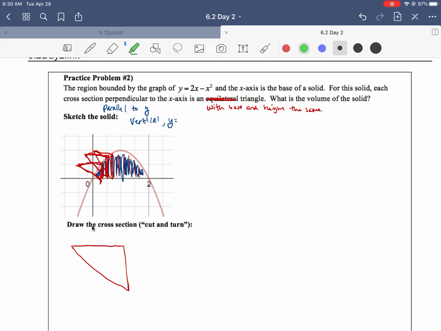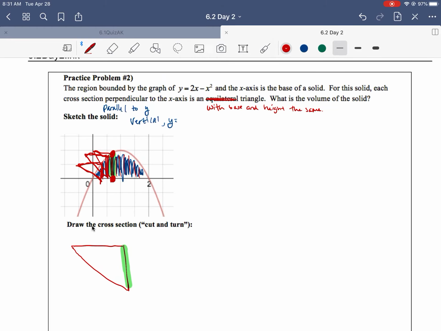But again, it doesn't really matter. What matters is the dimension is consistent with the direction that I drew it. That helps me keep my head straight that it's a y equals height and exactly where is it located. So from the x-axis up to the parabola. What's the volume of the solid?